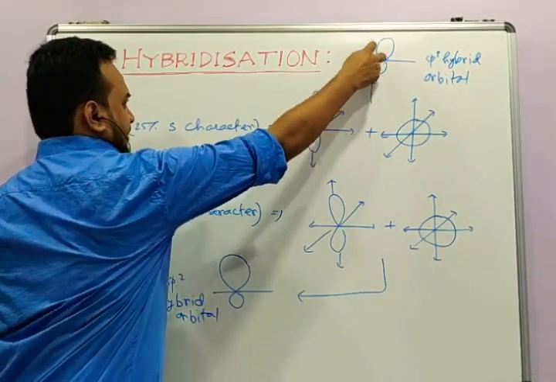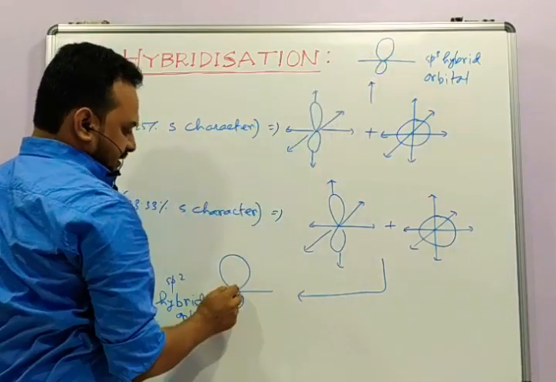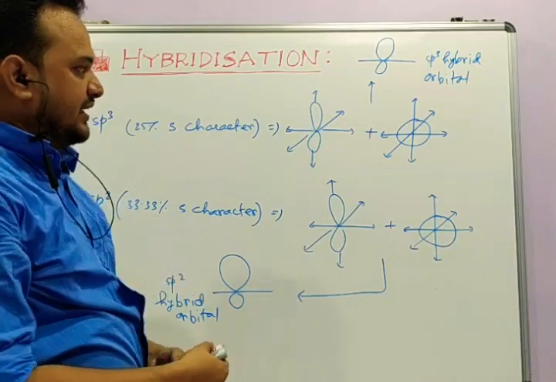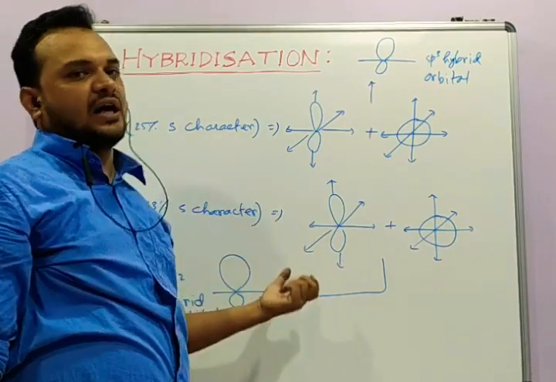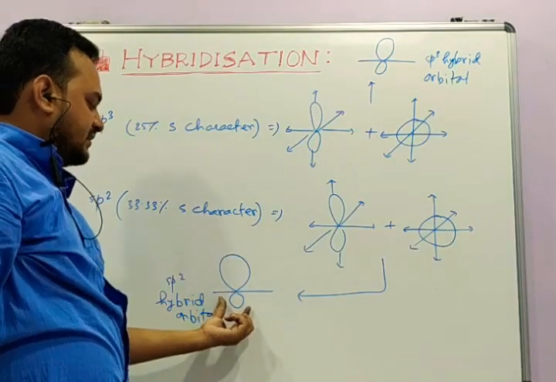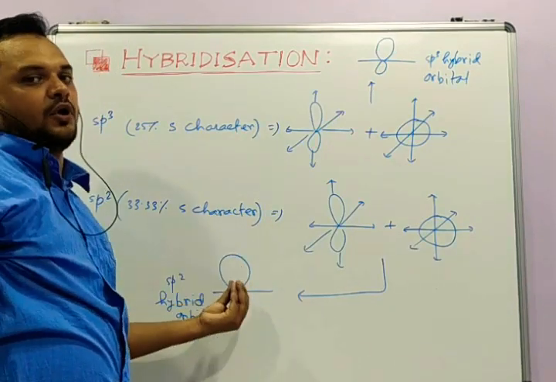In sp3 the orbital is less spherical, here it is more spherical. So if we continuously increase the s character of the hybrid orbital, the lobe will become more spherical and the other lobe becomes smaller.